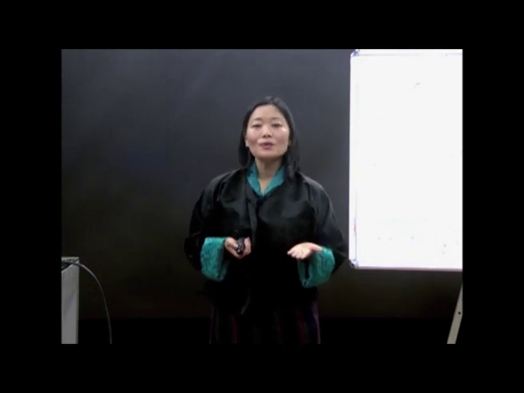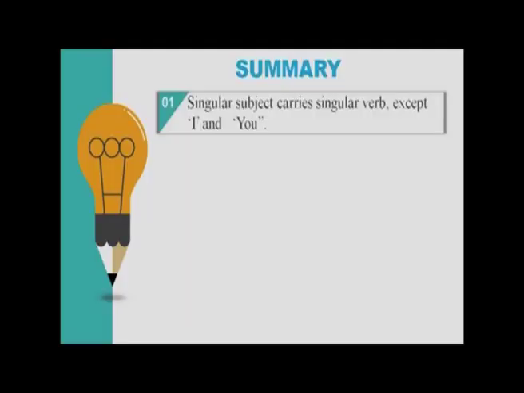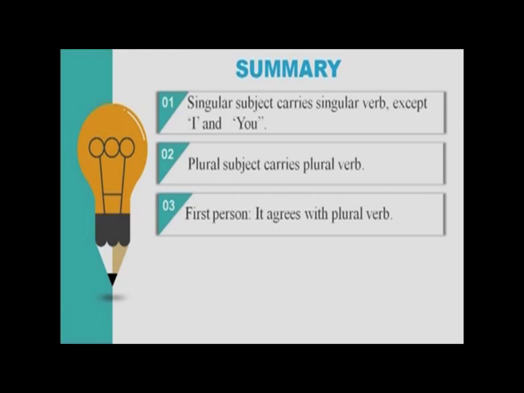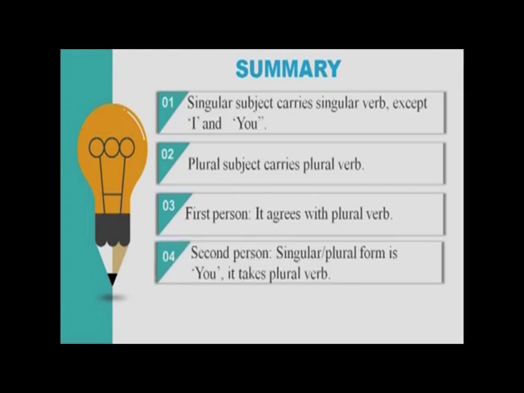We have come to know that a singular subject carries a singular verb, except I and you. And point number 2, a plural subject carries a plural verb. And third one, first person, be it singular or plural, agrees with a plural verb. In second person, the singular form as well as the plural form is you only, and you takes a plural verb.